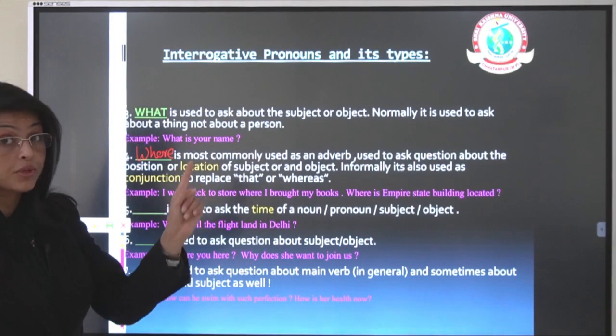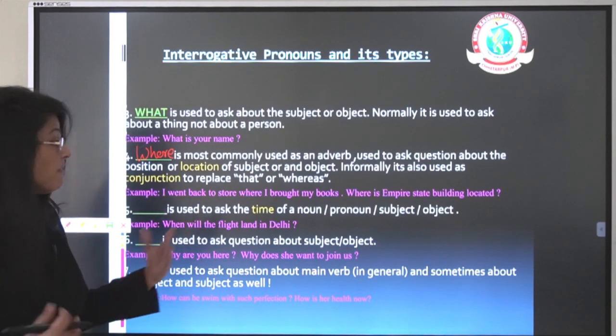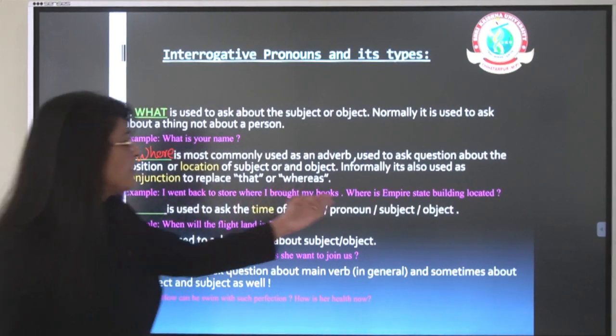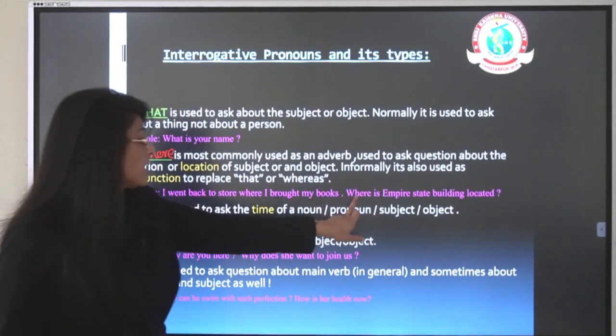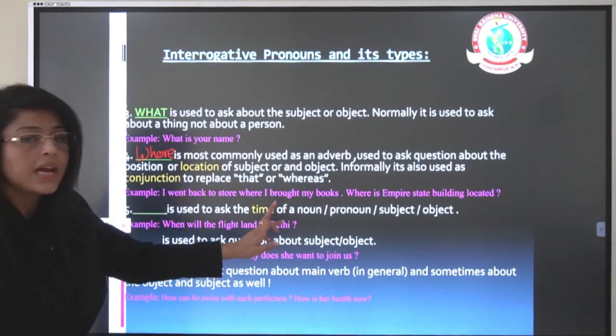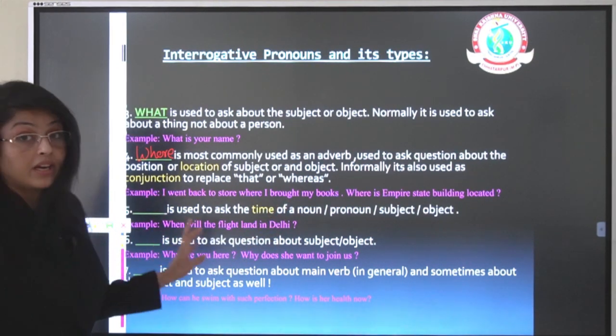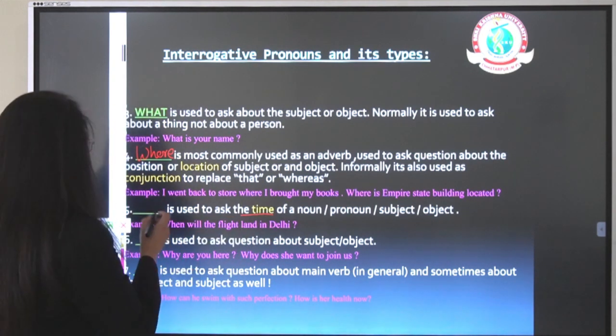Possession and position, the location where any object is located. Where is the Eiffel Tower located? Where is the Empire State Building located? So you use this to locate the position of a city, object, person, anything. When, the time, very important, time.